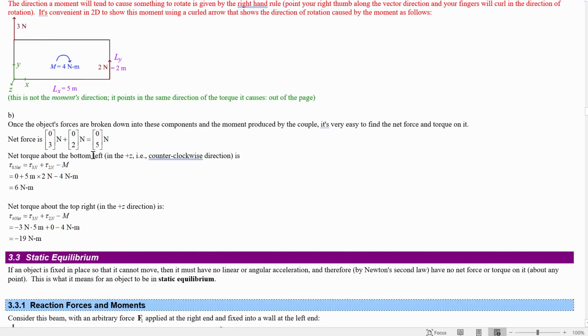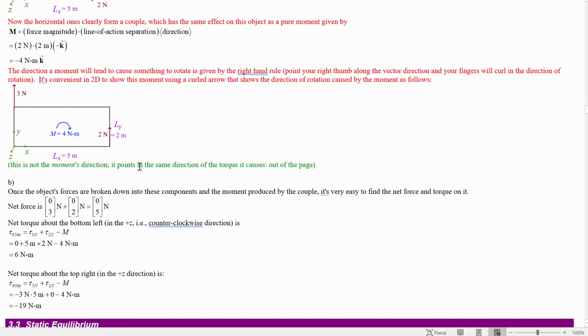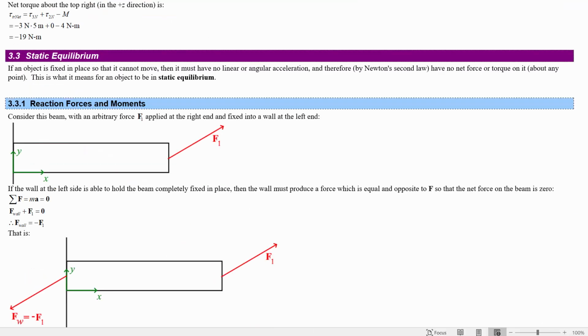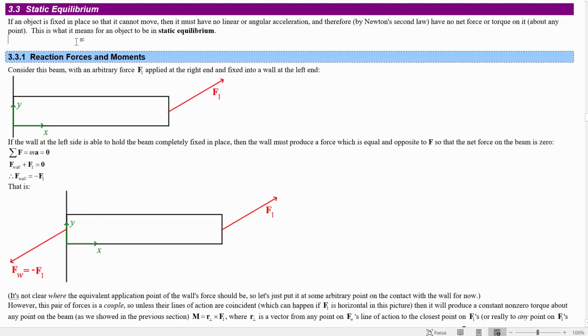So we're going to need these to understand how supports can maintain static equilibrium, how you could possibly have no net torque about any point on an object by adding something that is going to cause it to cancel appropriately. This idea of this moment that's created by a couple of forces is very important in understanding supports and static equilibrium.